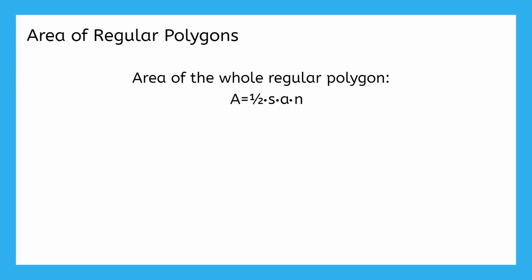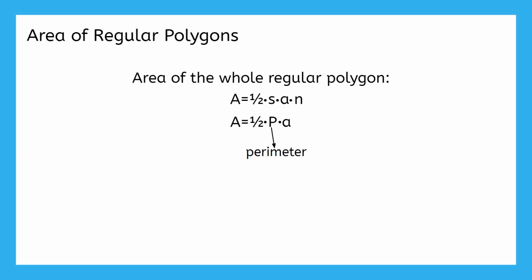There's one more thing I want to point out here. If we multiply the side length times the number of sides, that gives us the entire perimeter of the polygon. Another way you can see this formula written is as 1/2 perimeter apothem, with capital P representing the perimeter. Both of these formulas mean the exact same thing.